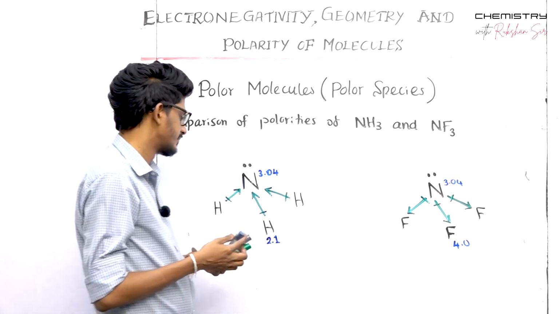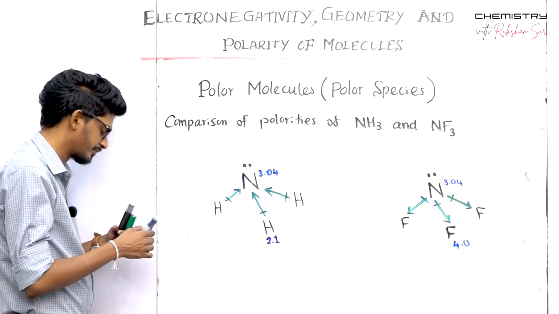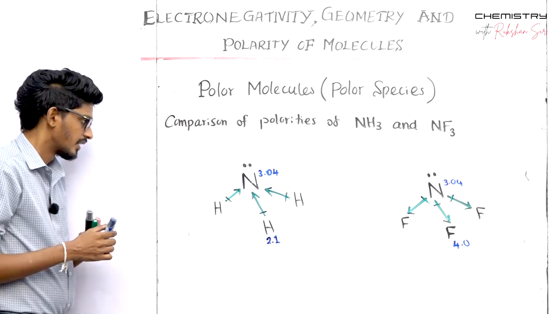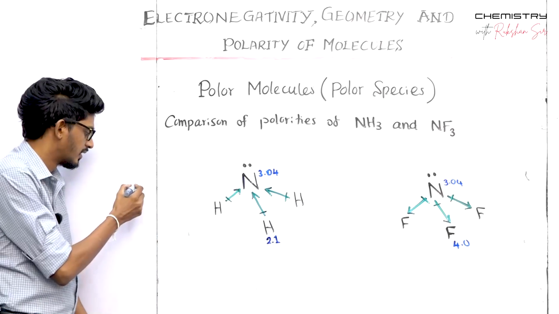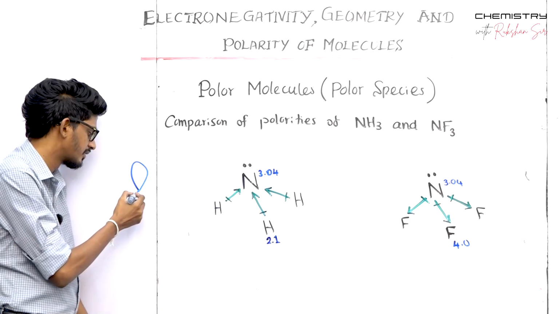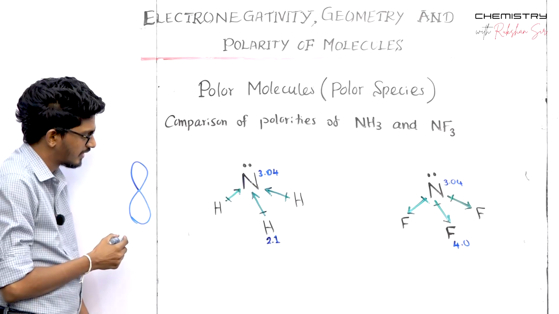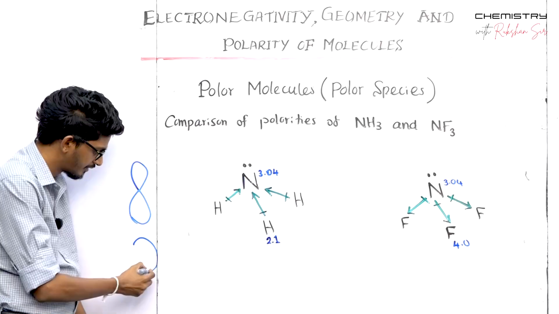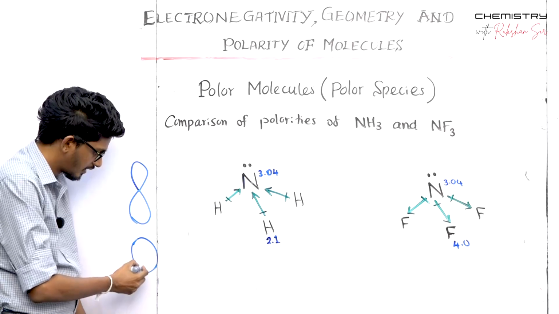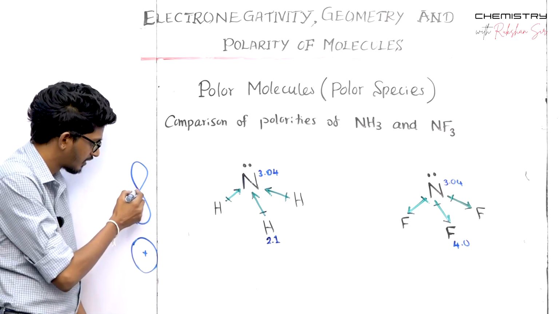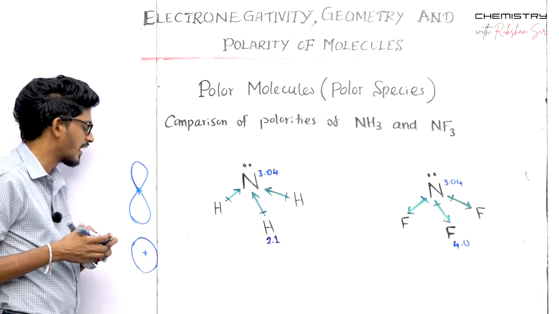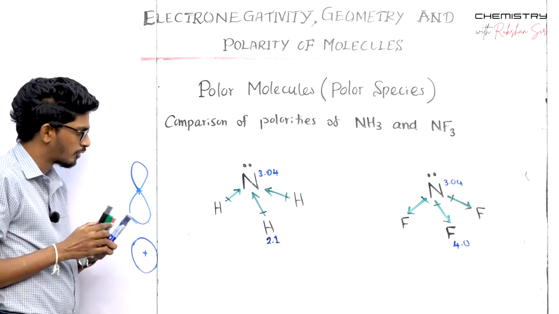What happens there? The point is this. If you consider a symmetric orbital like this, atomic orbitals which are symmetric, we say they won't possess a dipole moment.